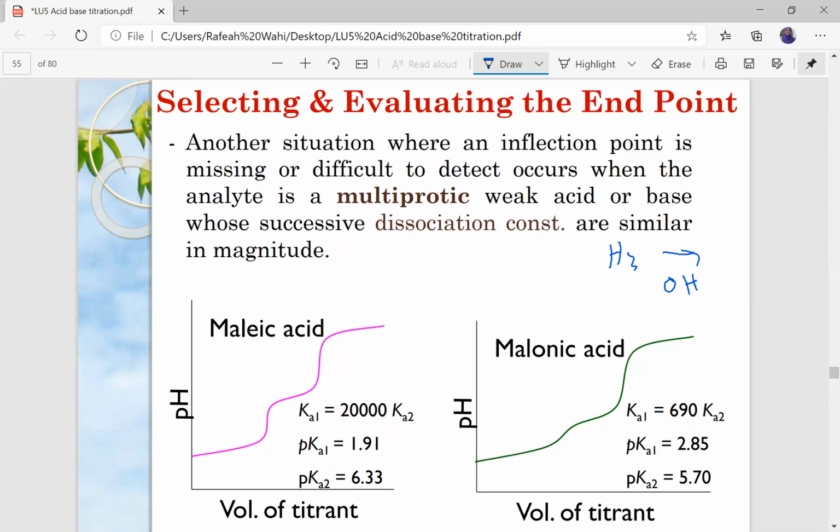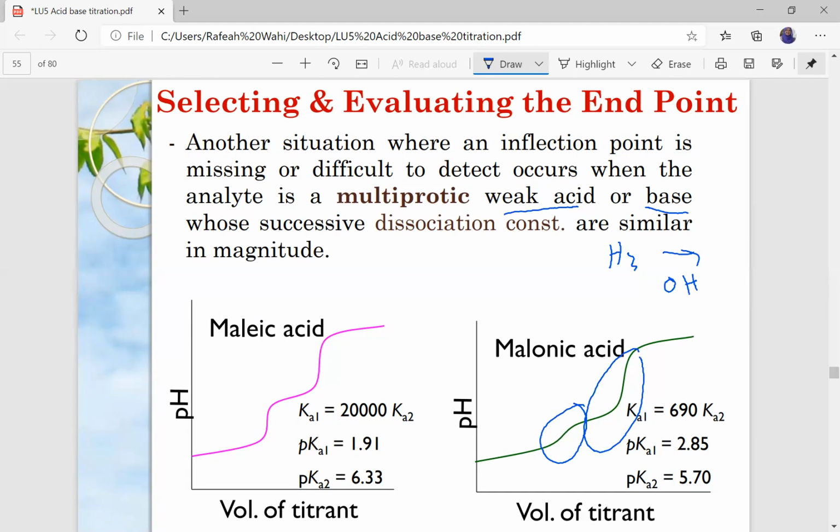But in the case of a multiprotic weak acid or weak base, you may have the problem where both of these inflection points are very close to each other. Let's say if you look at this green curve here, you don't know which one is the equivalence point because they are very close to each other and it's very confusing if you want to determine the equivalence point solely based on the titration curve.